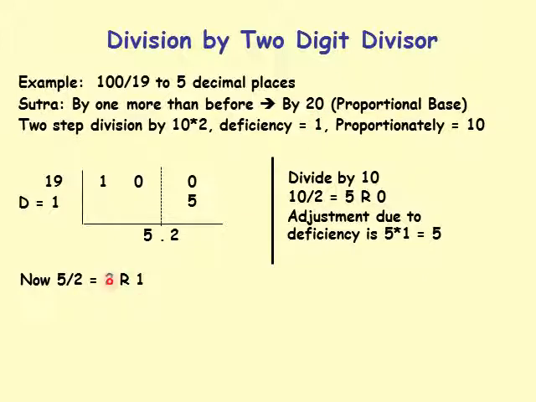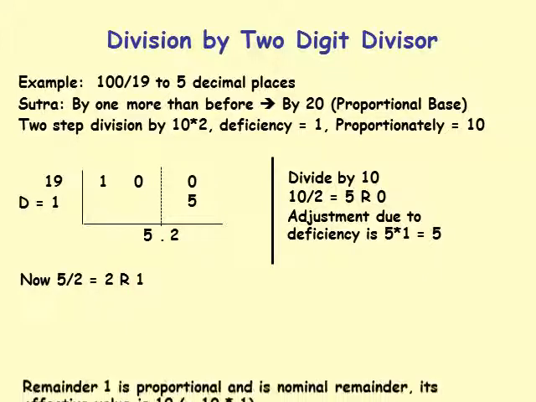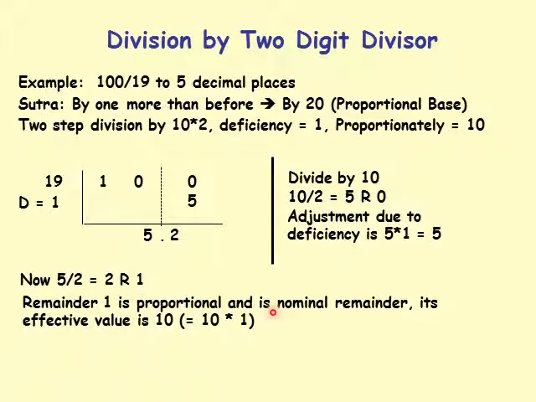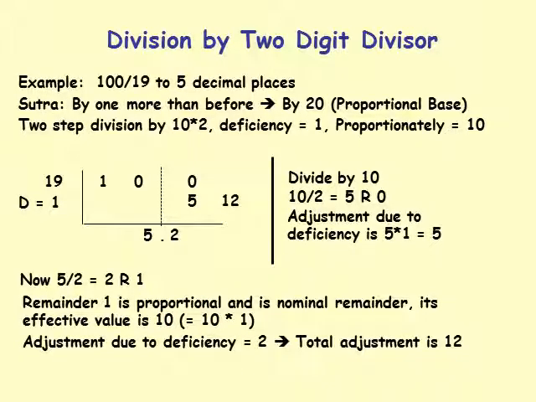So this 2 is my quotient, which I just got here. Remainder is 1, which is the nominal value of the remainder, and the effective value of that is 10. So we just added 5, this 2 here, so we got 2 remainder 1. This is the adjustment due to the remainder, 10. And there is also an adjustment due to the deficiency here too. So the total adjustment in the next column is 12.